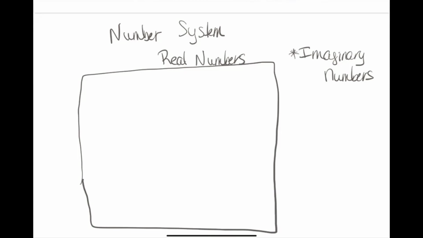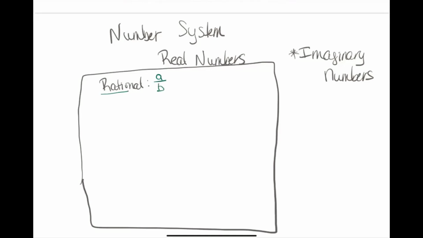Under real numbers, we have these things called rational numbers. If we look at that first part of the word, that little root word, ratio, you guys know what a ratio looks like? You can write a ratio almost like a fraction, like a over b.